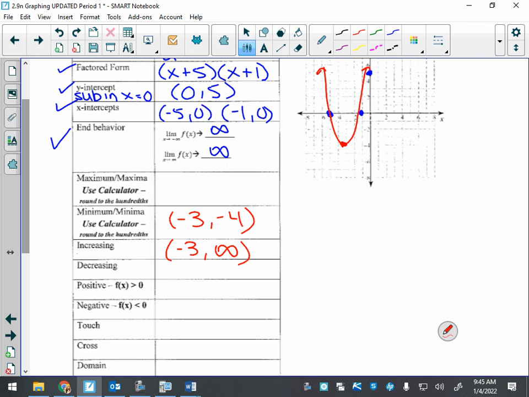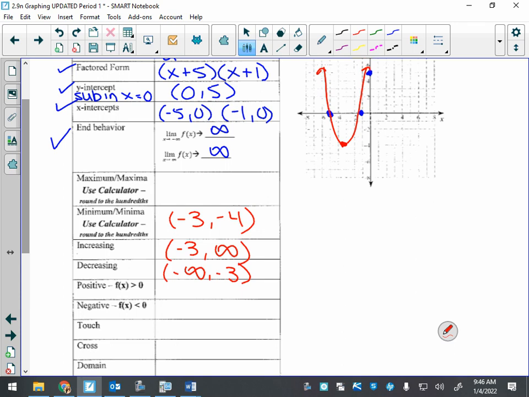That's why I use the point instead of just the y value, because you need it for increasing and decreasing. Where am I decreasing? Jax? Perfect. Good job. And then the next two are positive and negative.